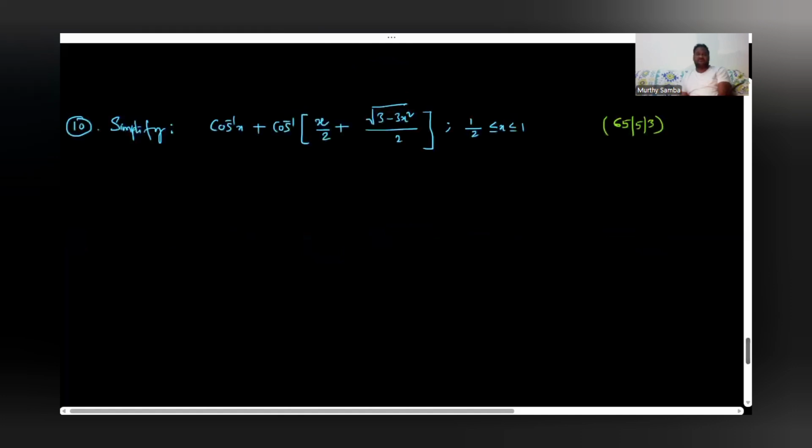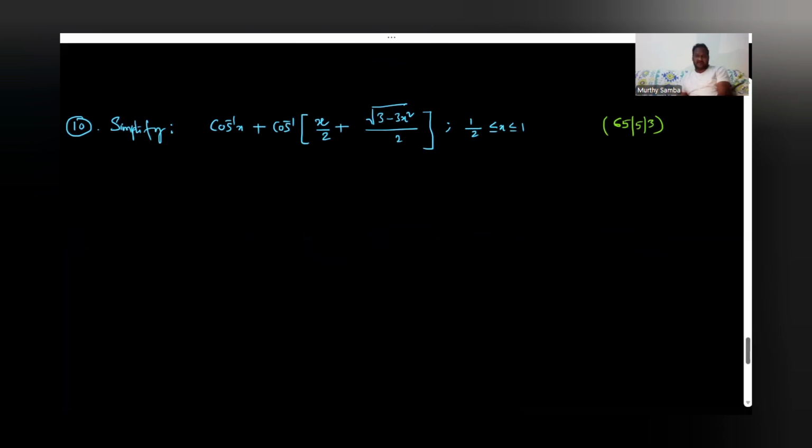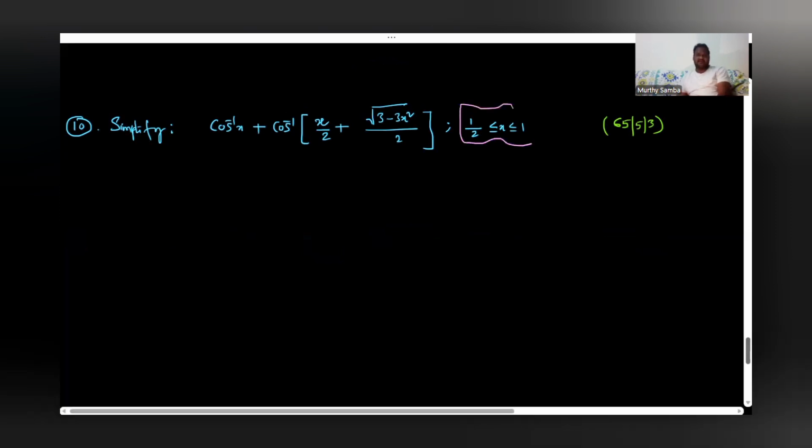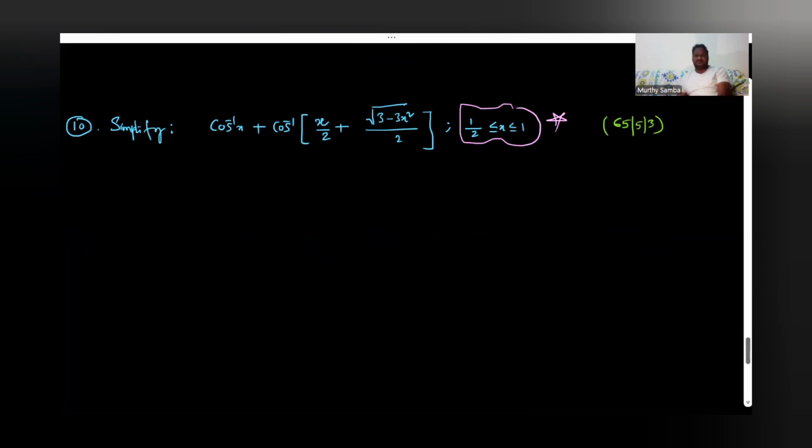What is this? Cos inverse x plus cos inverse of x by 2 plus root over 3 minus 3x square divided by 2. And here x lies between minus 1 by 2 and 1. So this is one of the important conditions that you have to follow, because this problem can be solved by using a proper substitution.